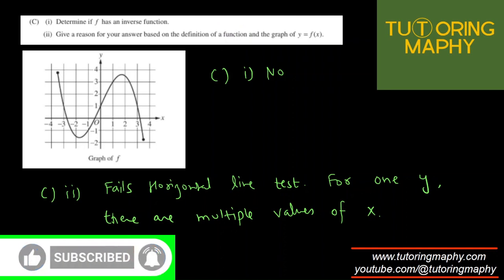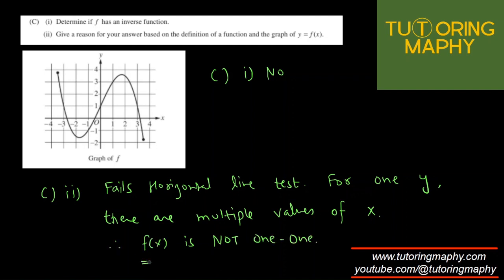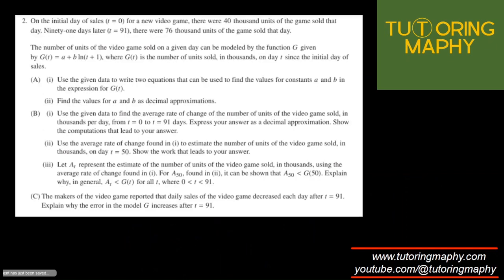Therefore, the function f of x is not one-to-one, and that's why the inverse function, f inverse, does not exist. That's the explanation we can give for C2.